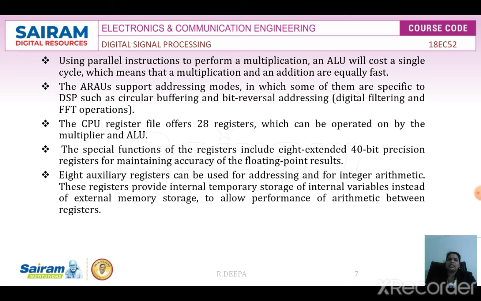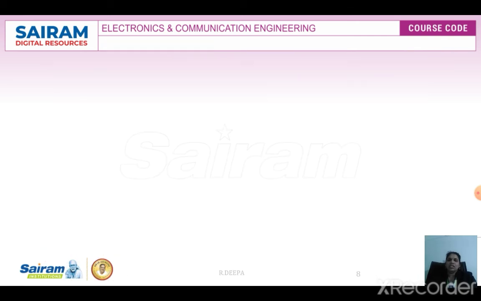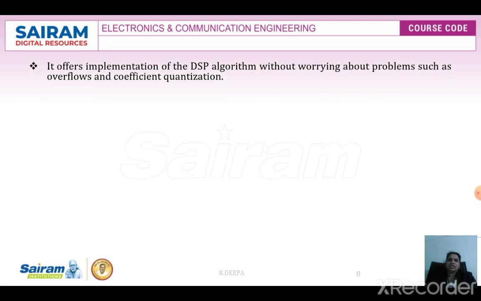These registers provide internal storage of variables, allowing performance of arithmetic operations. With the help of all these registers we can increase the speed, and the dynamic range can also be increased with the increase in memory size.